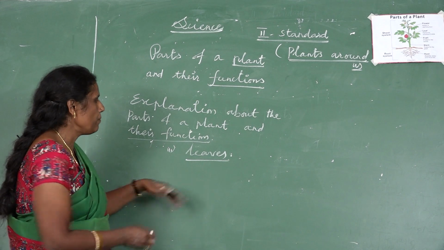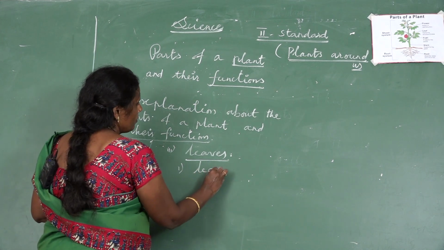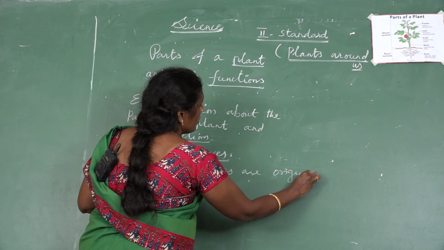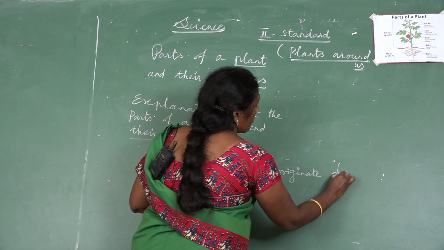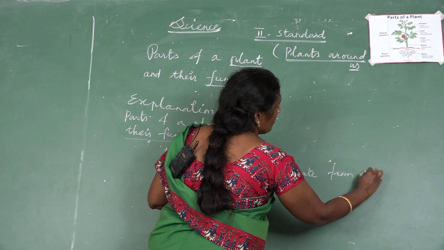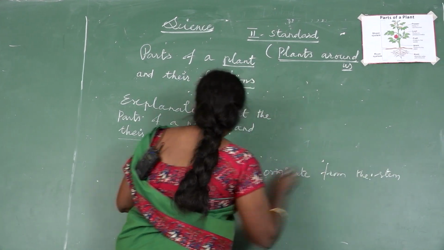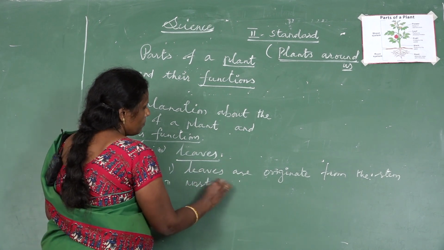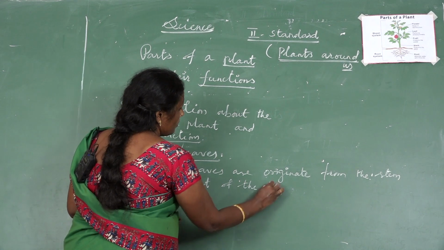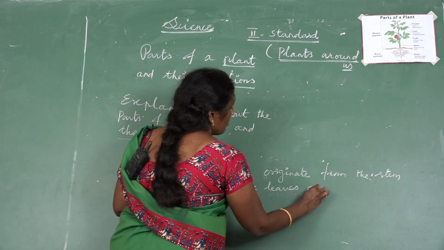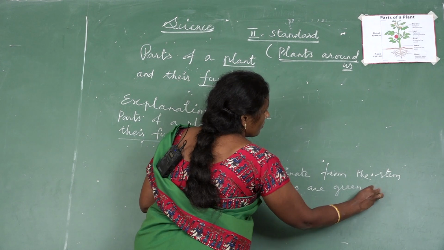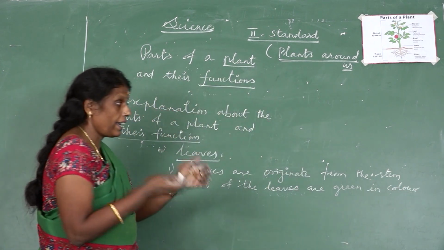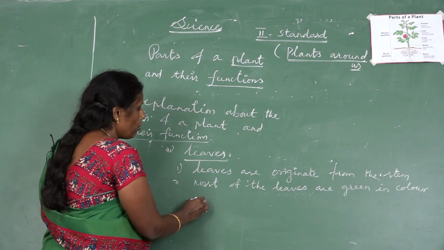Leaves originate from the stem. Most of the leaves are green in color, because they contain green pigment called chlorophyll.